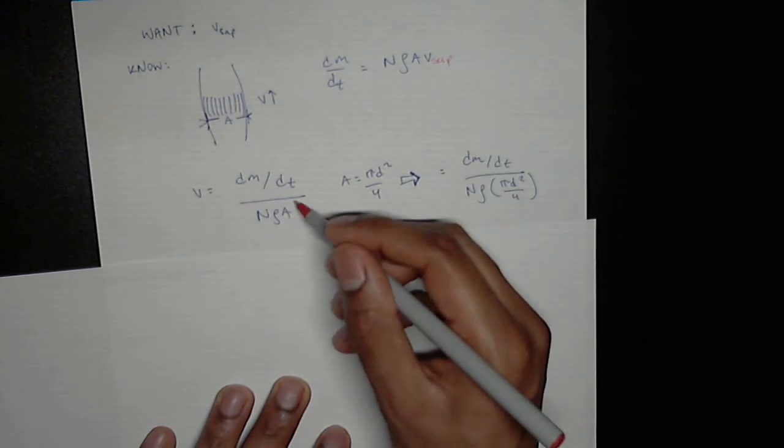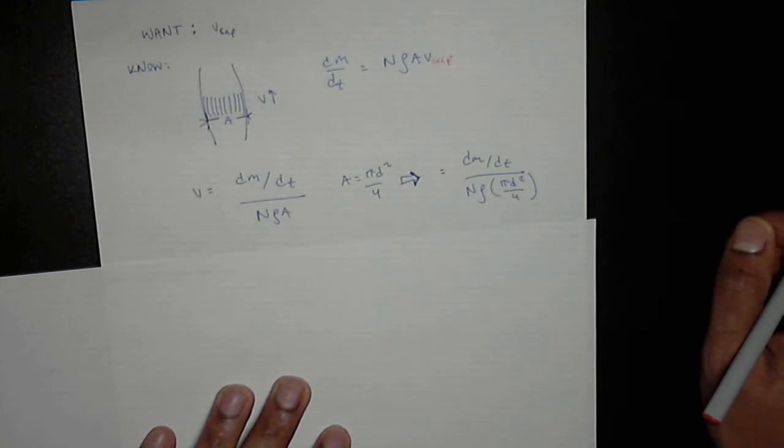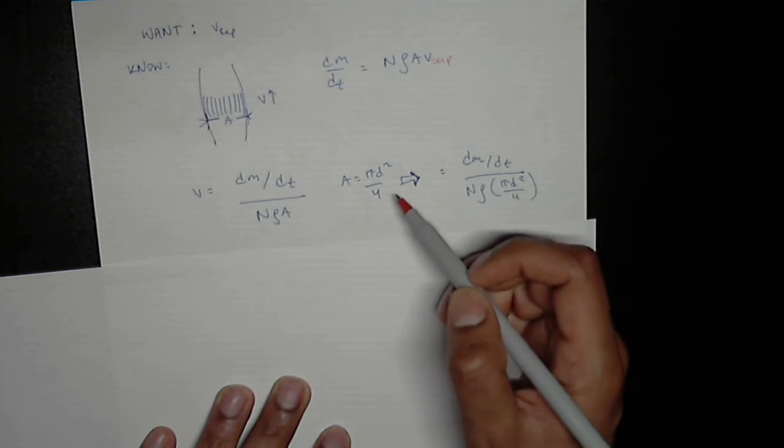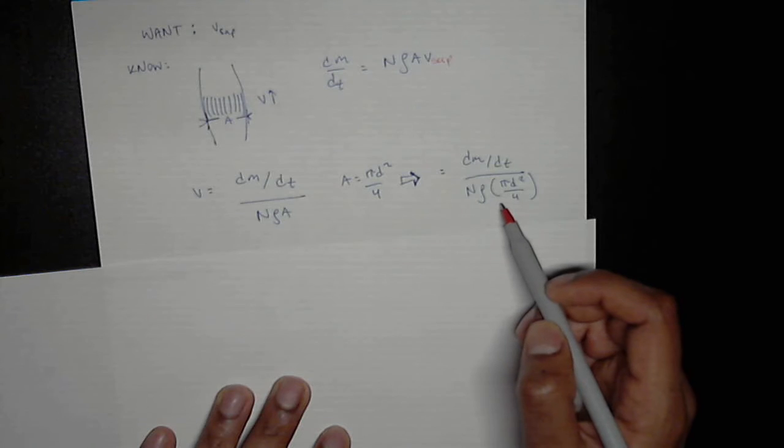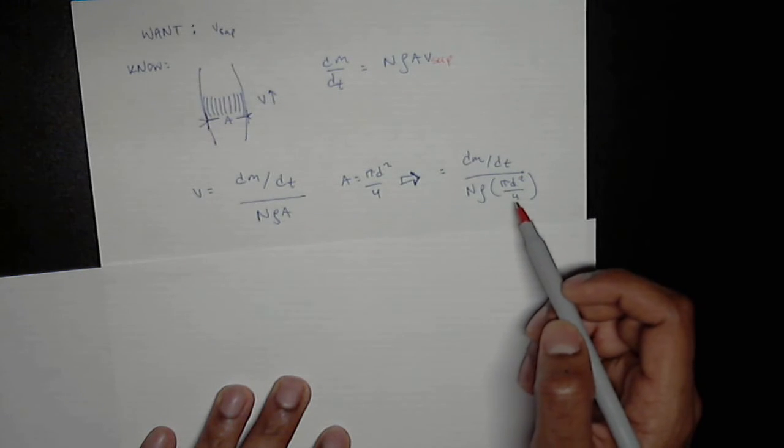And then just to break this down further, because A is still an unknown variable, we know A is equal to pi d squared over 4, so we can substitute that in, and then we get v_sap is equal to dm/dt over N rho pi d squared over 4.